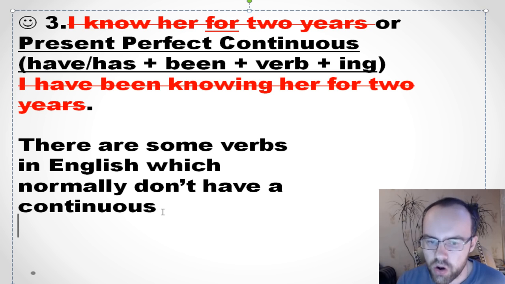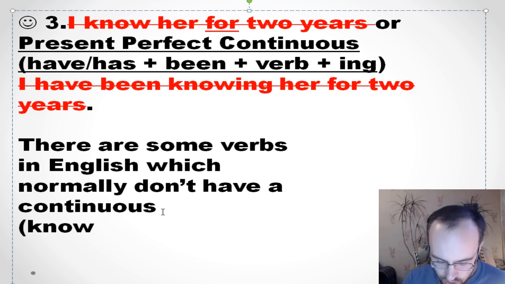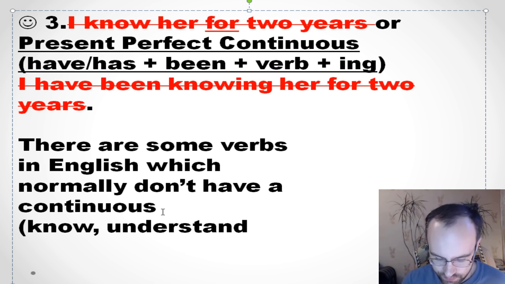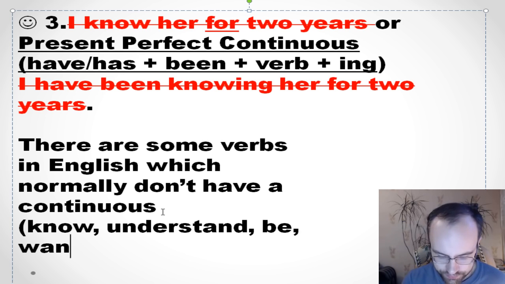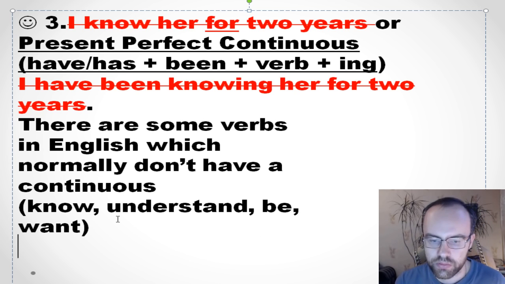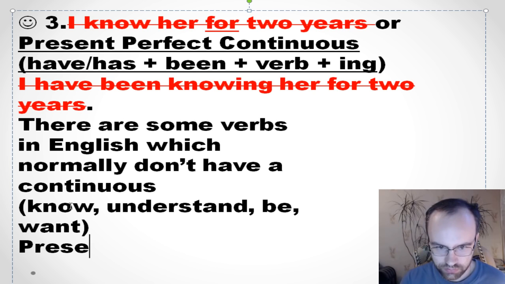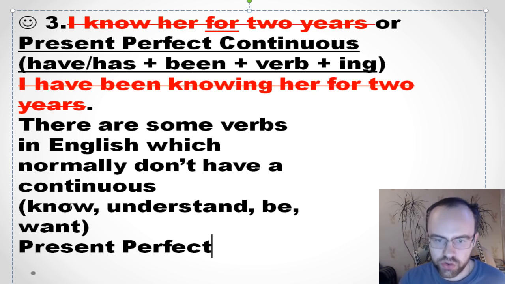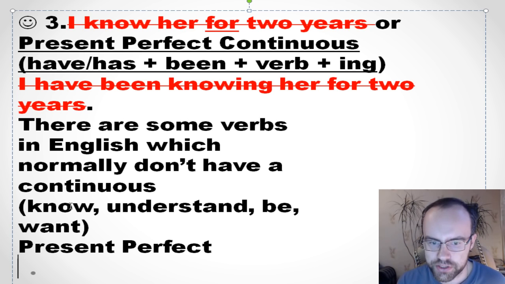And so know, it's like know, understand, be, want. And if you want to use present perfect continuous, but you can't, you need to use present perfect instead, okay? So you need to use present perfect.